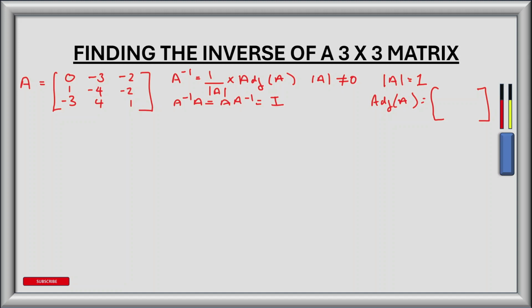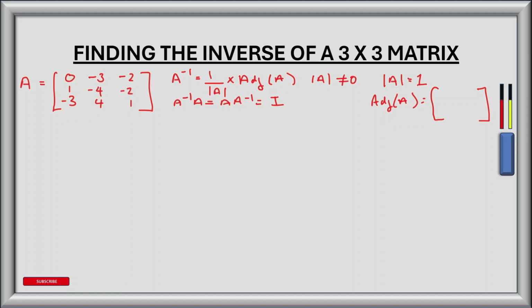So for example, if we take the first element in row 1, column 1, which is 0, and we eliminate its column and its row, we find its minor here. And of that, we take its determinant. We then take the determinant and replace the element in row 1, column 1 with that value.